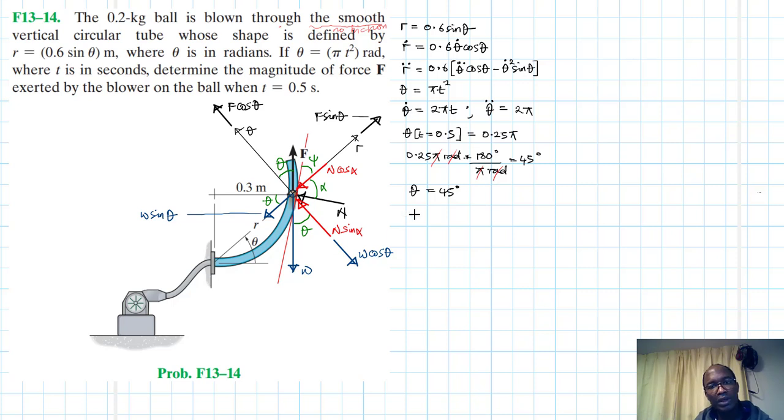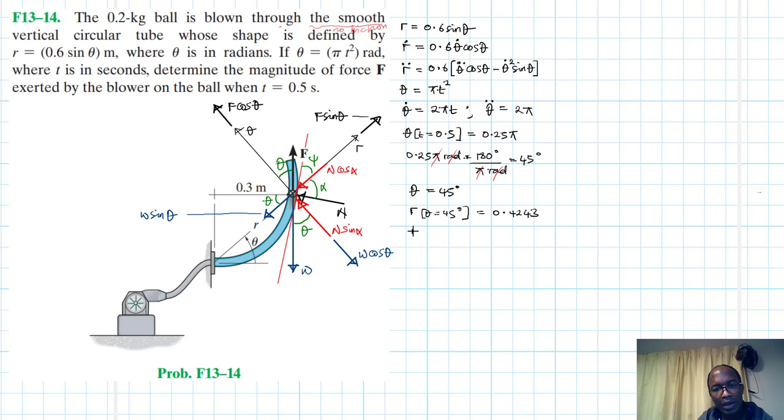So let's find what r is quickly. Our r at theta equal to 45 degrees is just going to be equal to 0.6 sin 45, and this is 0.4243.